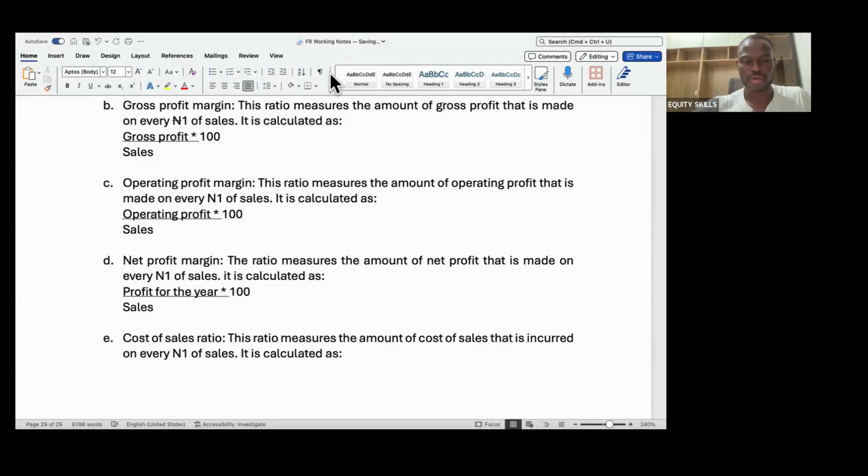Do you know how we would calculate cost of sales ratio? Can anyone try? How do we compute cost of sales ratio? Anyone?